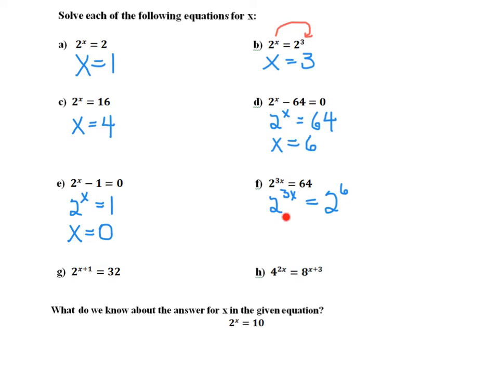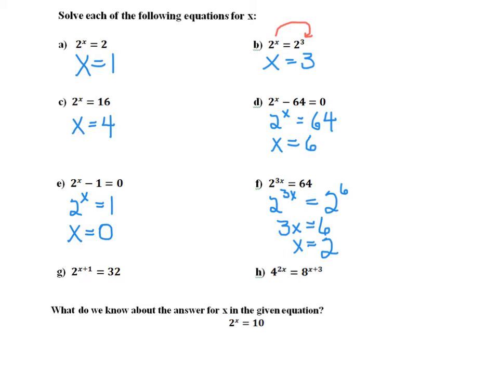Looking carefully, we see that both of our bases are equal to 2. So when the bases match, the exponents must match as well. We can eliminate the base of 2 for a minute and look just at the exponents. If 3x is equal to 6, dividing both sides by 3, x must be equal to 2.